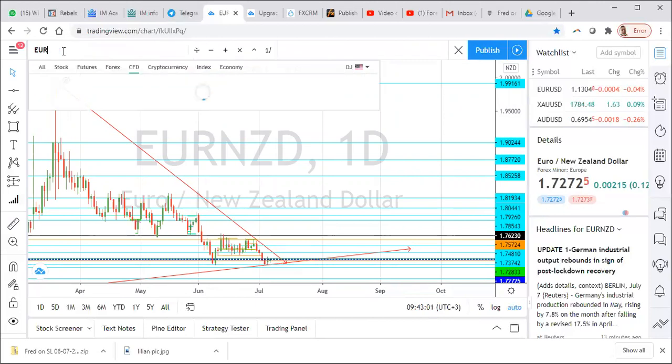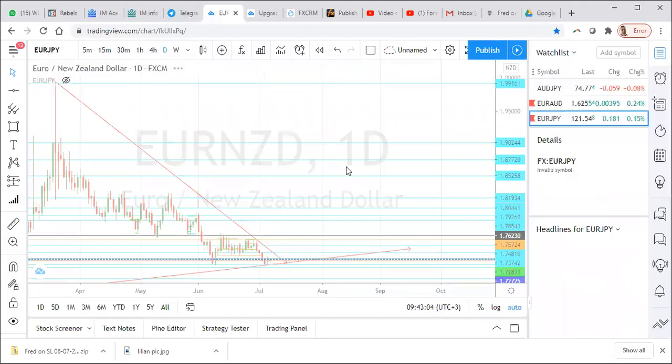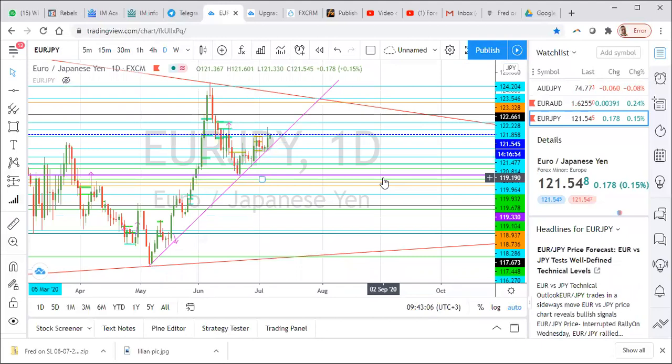Anyway, so that's Euro NZD. Let's look at Euro JPY. I think it's still on a bullish run, although it rejected off the previous supply zone. But based on the overall trend, it does look like it's still on a bullish run.